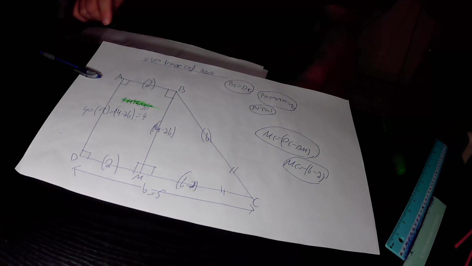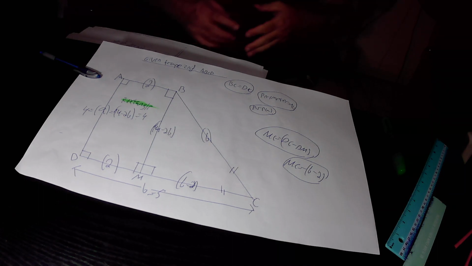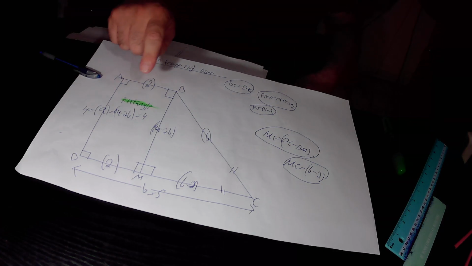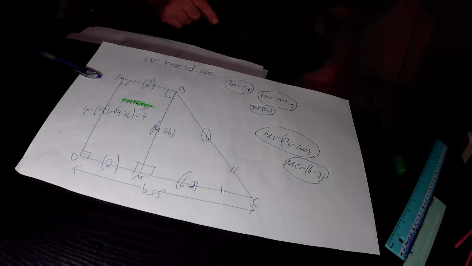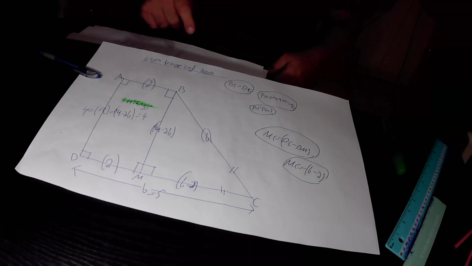So inside quadrangle ABMD we have 4 right angles, and according to the rule, any quadrangle that has 4 right angles must be a rectangle or a square. So this quadrangle ABMD is a rectangle. We also know that the opposite sides of a rectangle are equal to each other.